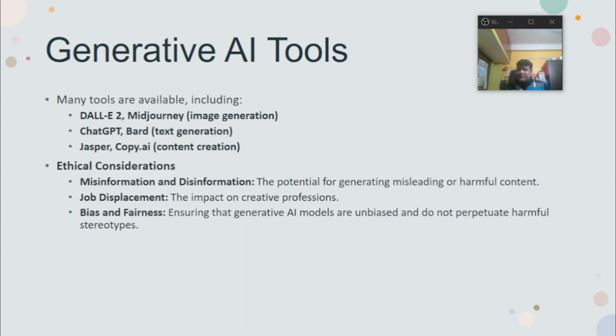Job replacement, the impact on creative professions. Bias and fairness, ensuring that generative AI models are unbiased and do not perpetuate harmful stereotypes. These are the main ethical considerations for using generative AI tools or any AI tools.